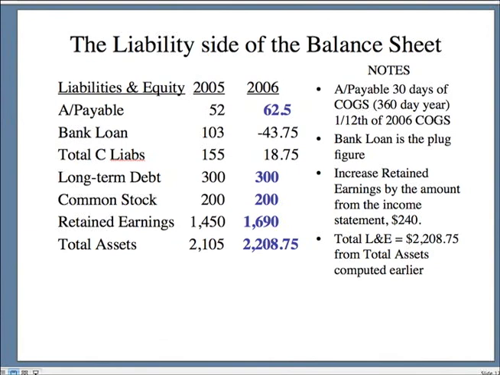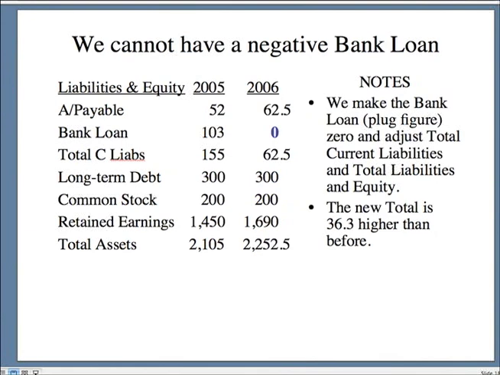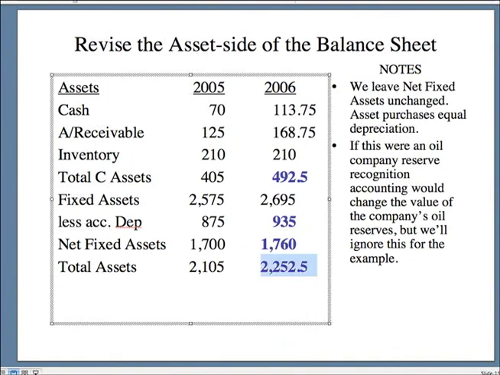So we've increased it by the amount of that negative bank loan. That's the difference of 43.75. We go to the asset side using this new total. Fixed assets haven't changed. Current assets will go up though to reflect the change in total assets. Inventory hasn't changed. Accounts receivable hasn't changed. The only thing that can change here is cash.